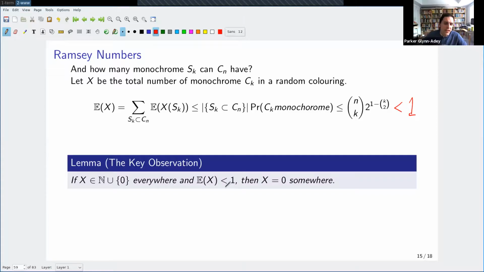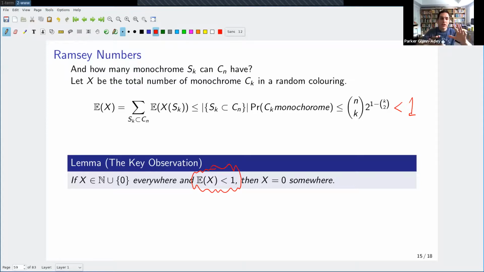This is kind of a common sense idea, but it's a very key observation. If you're in a class of people and the average of the class is less than 100%, there has to be someone in the class who did not get 100%. Or if you look in a group of people and the average number of children is 0.5, then there has to be someone without children.